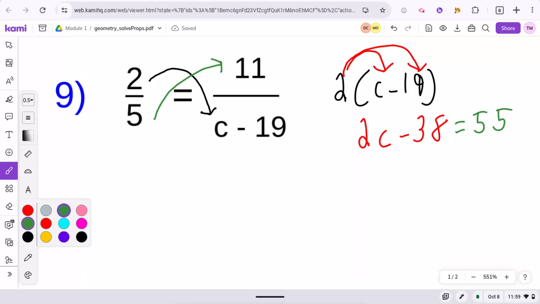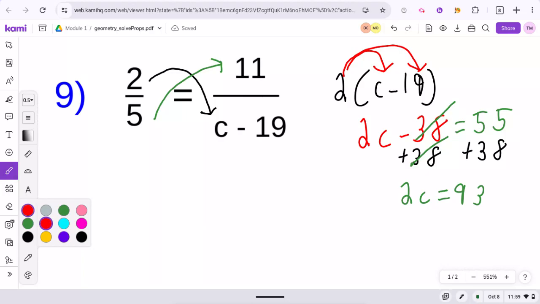You first want to get rid of that negative 38. Opposite operation, plus 38, plus 38. 38's on the left cancel. Left with 2c equaling 55 plus 38 should give you 93.